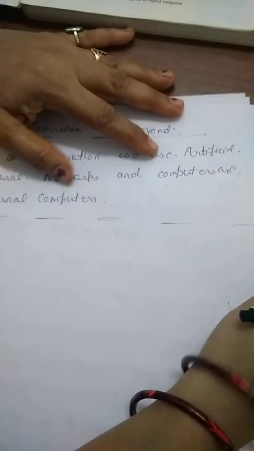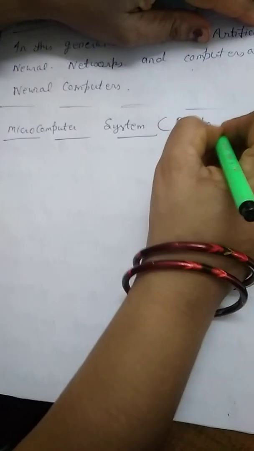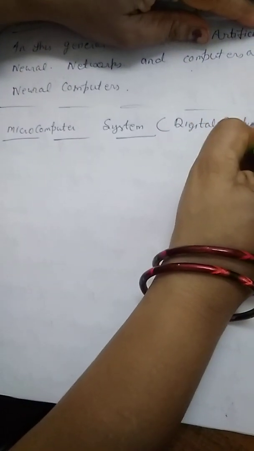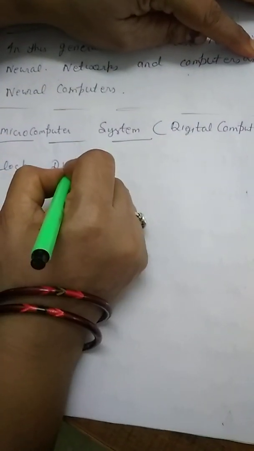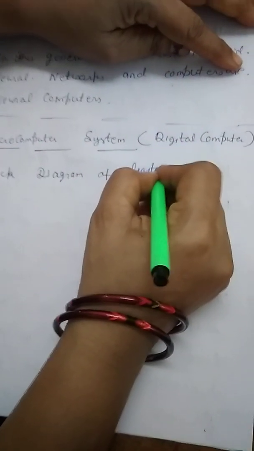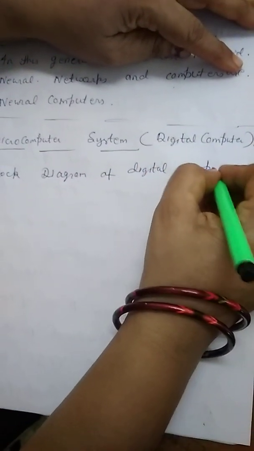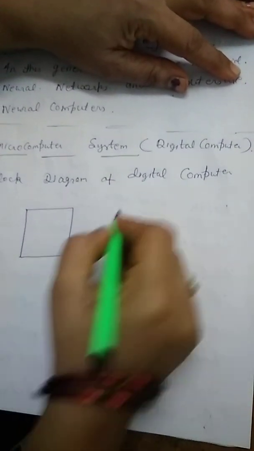Okay, now our next topic is the microcomputer system, that is also known as digital computer. And this is the block diagram of a digital computer.